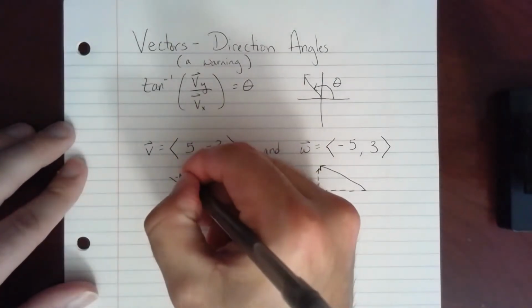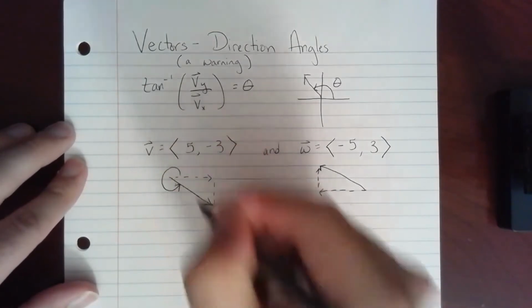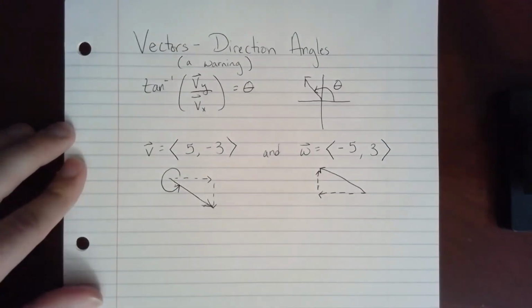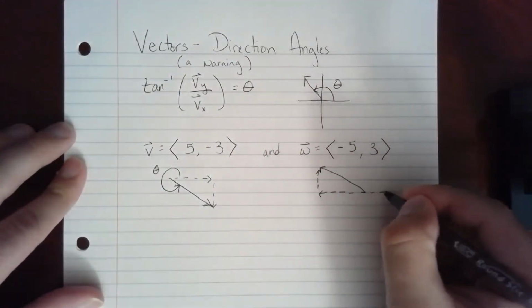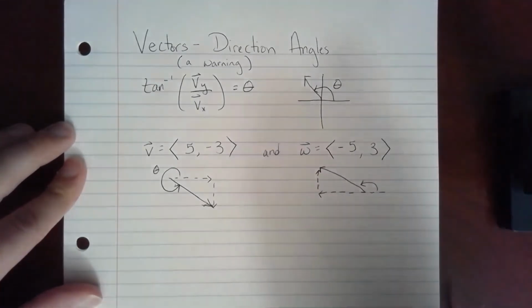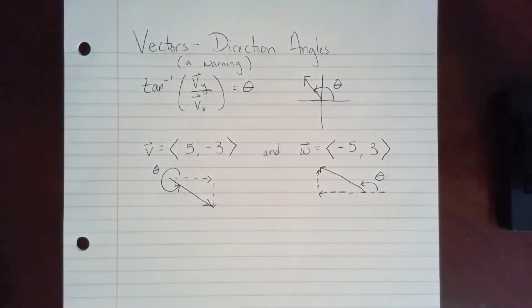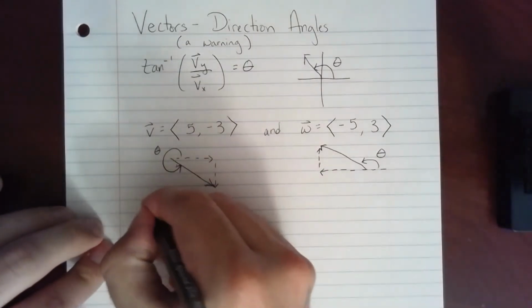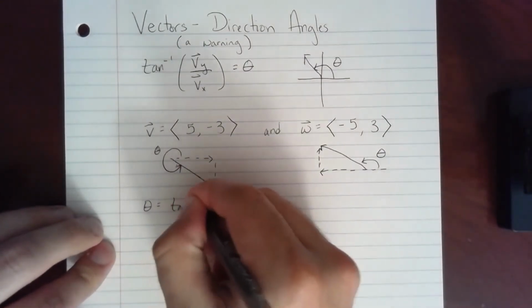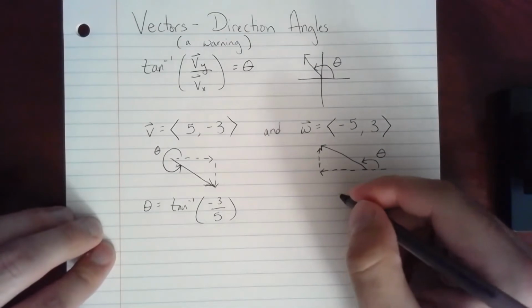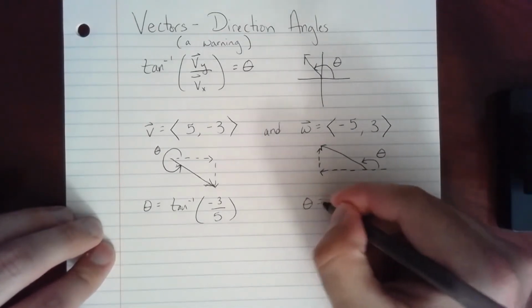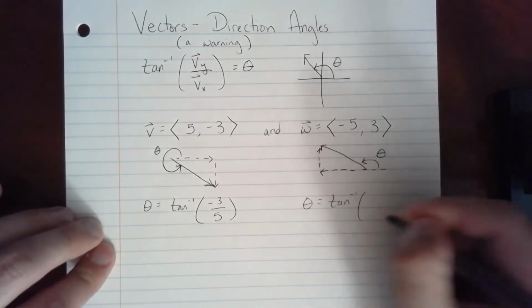For this one, our theta, if we're going with the traditional definition of counterclockwise from the positive x-axis, would spin all the way around here. This would be a massive angle. And then for here, we're going to have a little tiny theta right here. Well, notice though that although these thetas are very different, if I were to put theta equals tangent inverse of negative 3 over 5 for v, wouldn't w also be the same?